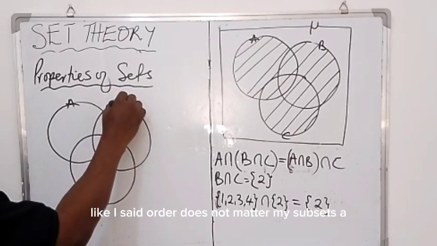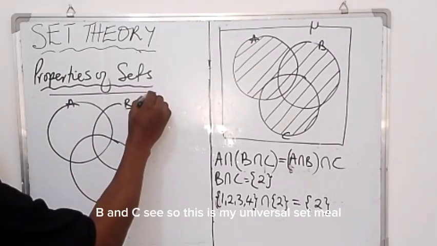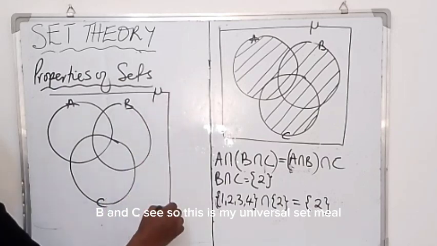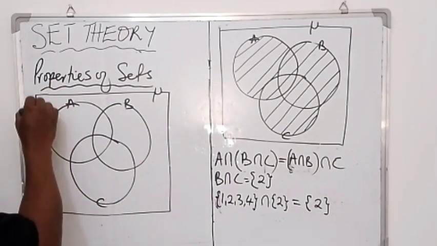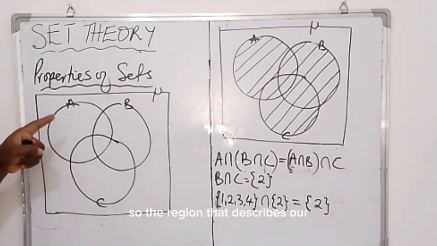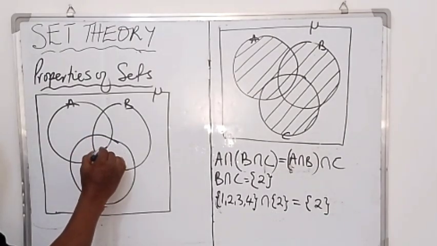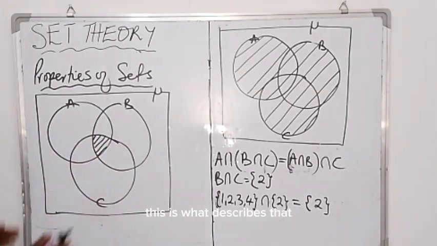My subset A, B, and C. So this is my universal set mu. The region that describes our intersection under the associative law is this region, just here. This is what describes that.